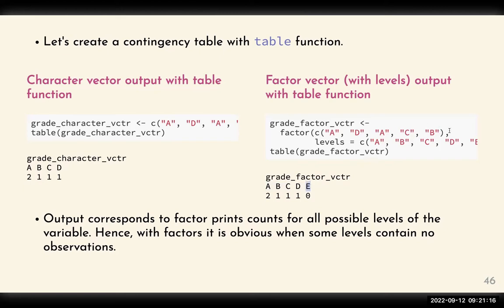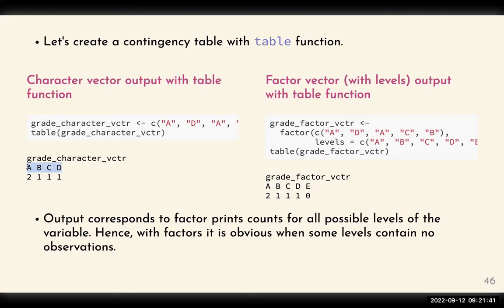If you look at this one here, I don't have an observation with observed value E. It is clear with this output because we have 0 for E. But this displays only the observed levels.